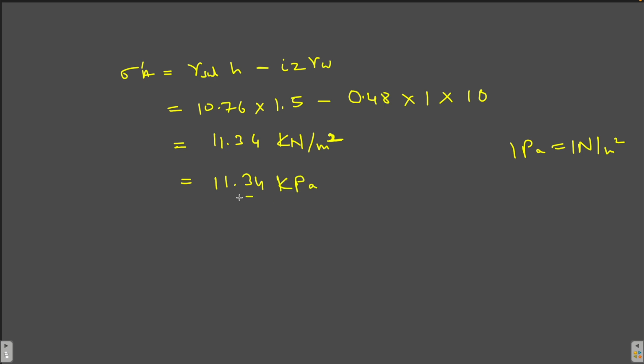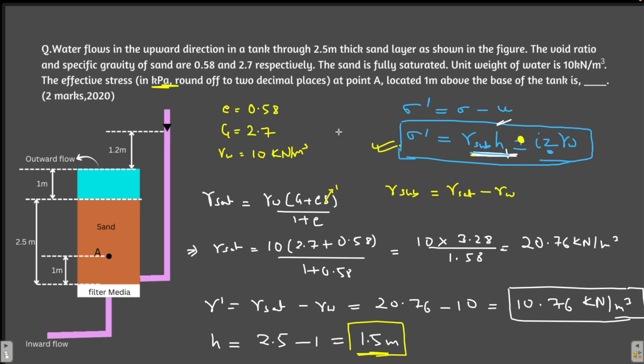So we have got the answer in kilopascal, and we have to round it off to two decimal places. It is 11.34 according to me, 11.34. I've tried my best to put in all the concepts without any mistakes.